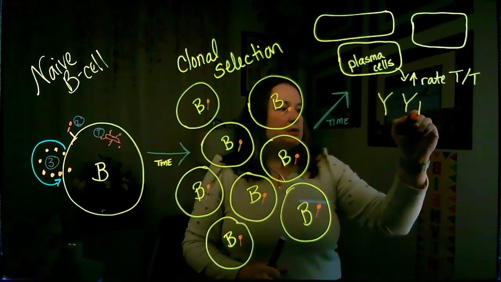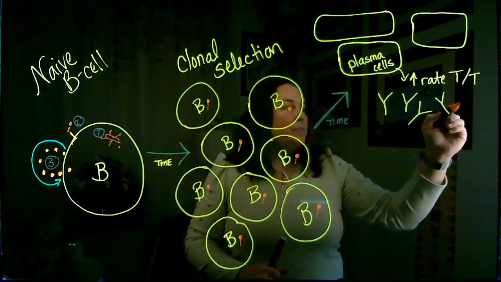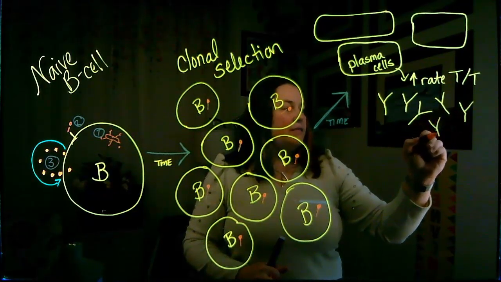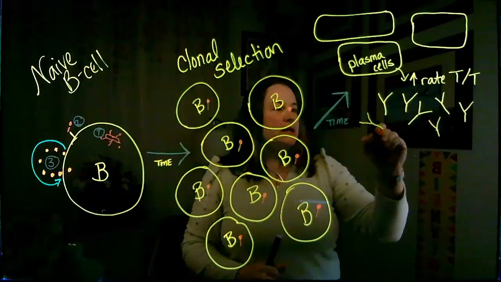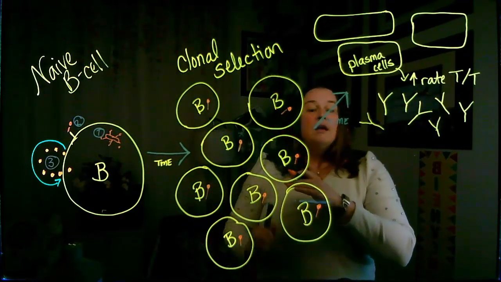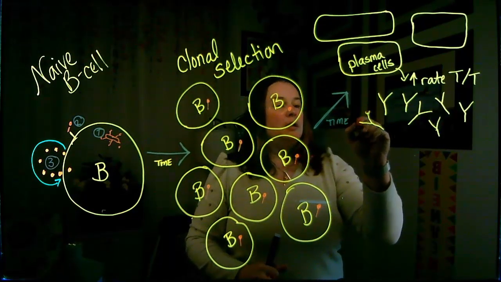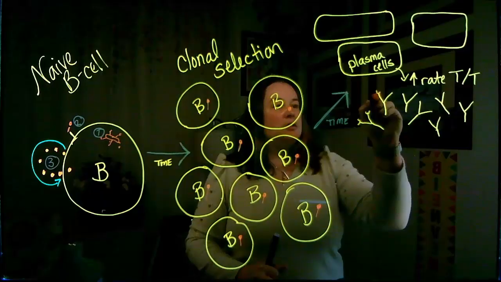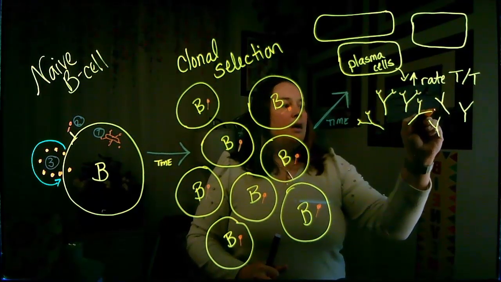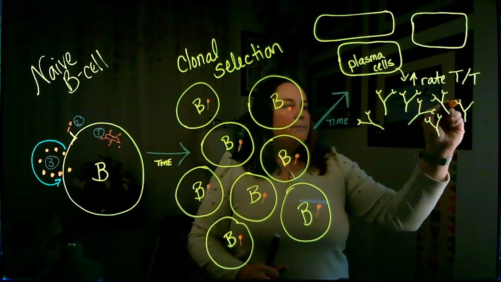Now, antibodies are a Y-shaped structure. And that Y-shaped structure is the constant region of the antibody, but these antibodies are then made specifically for the thing that the B cell wants to attack. So in this case, because we have a ball, we're going to put a little variable end to it that's round so that it could hook to the ball shape of the thing that the B cell decided was dangerous.